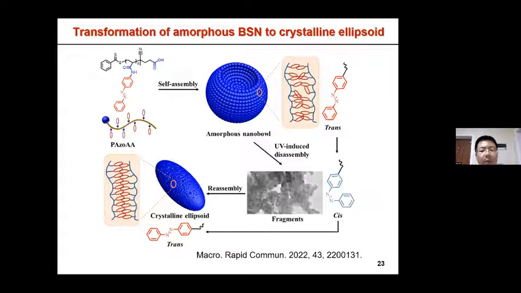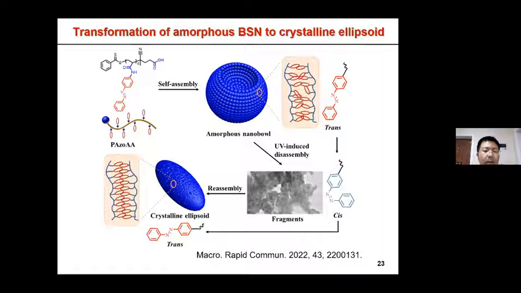As we prepared bowl-shaped nanoparticles with precisely controlled openings, we saw that we can induce the shape transformation of bowl-shaped nanoparticles by the trans-cis isomerization of azobenzene pendants.